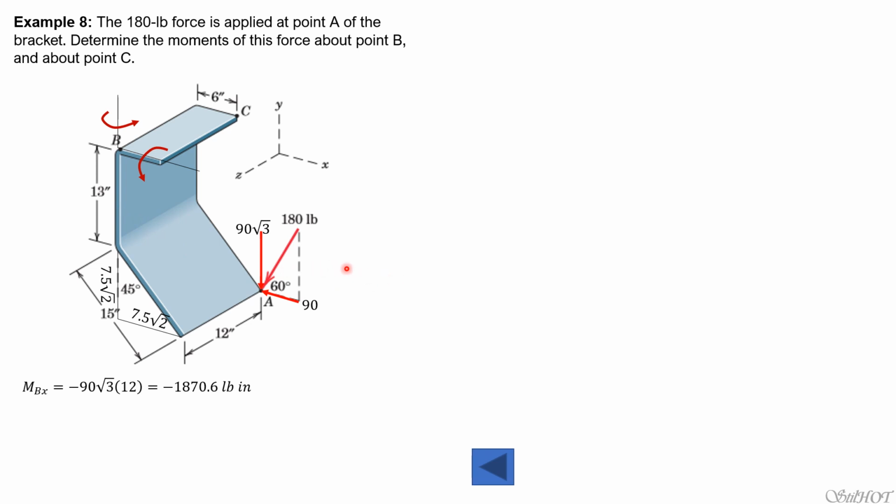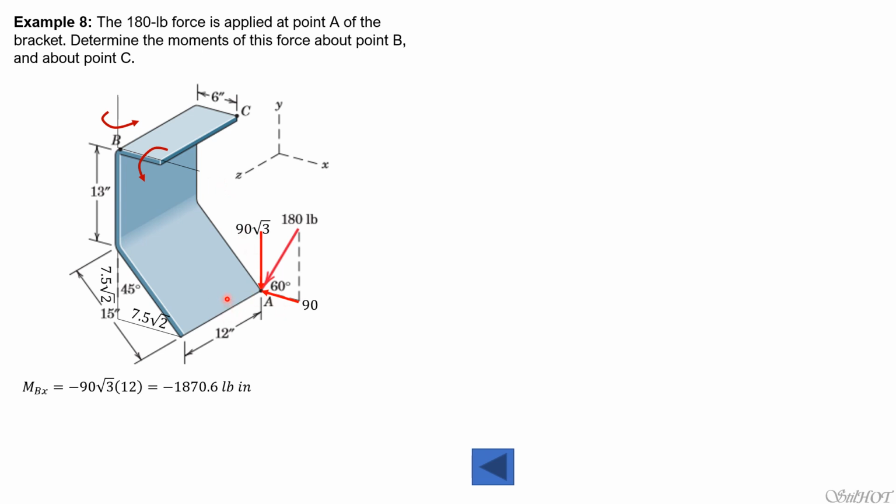Forces parallel to an axis will have no moment about that axis. So only the 90-pound force is producing moment about By. This 90-pound force will have a distance. If you extend this By axis here, the distance is again 12 inches. I hope you can visualize it.